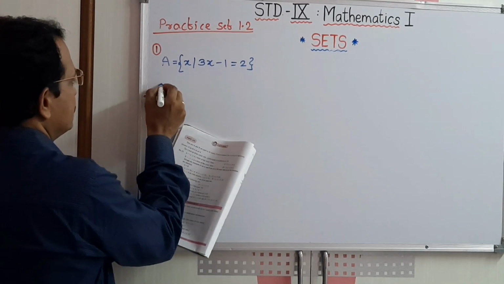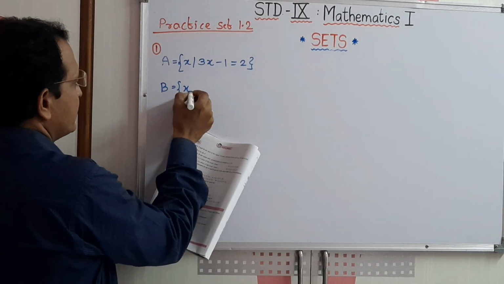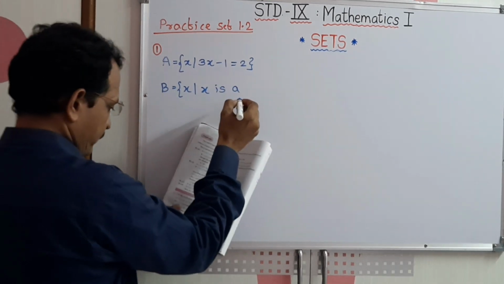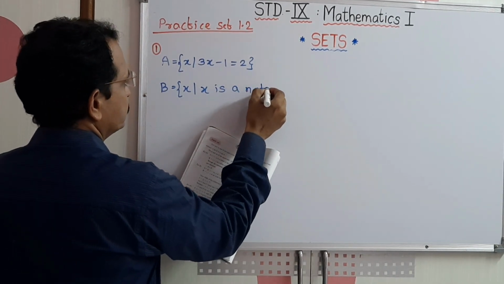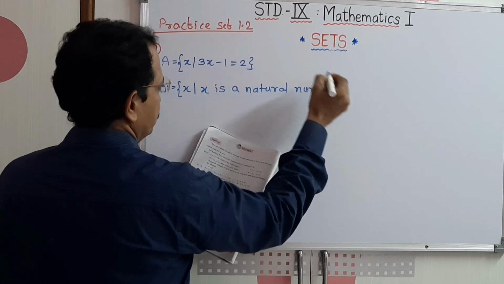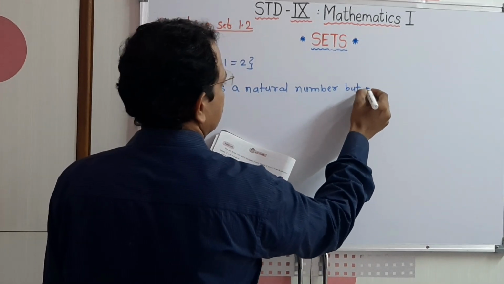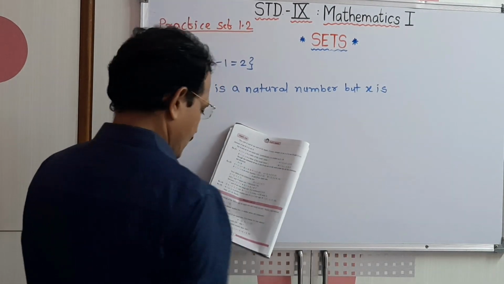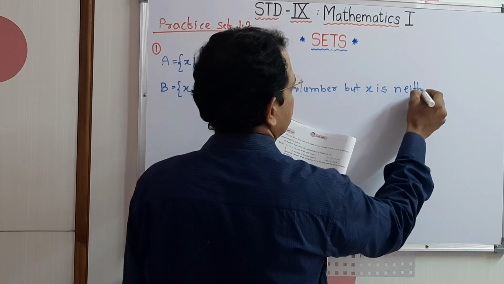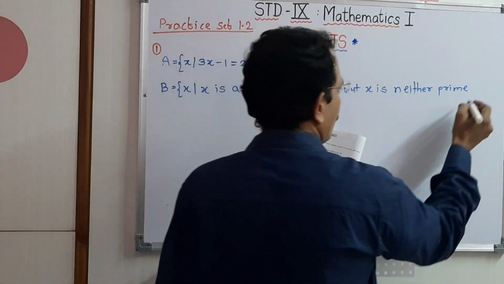Then second set B is given: B is a set of x such that x is a natural number but x is neither prime nor composite.